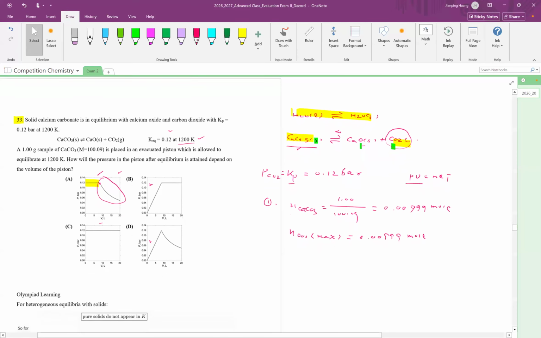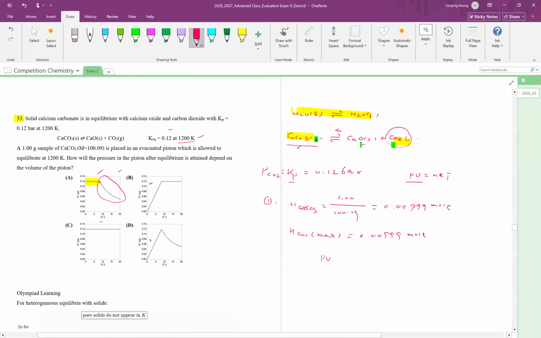Now, based on PV equals nRT, we can calculate V. I'm not going to do the math. You should get 8.3 liters. And this is the key point, the volume.